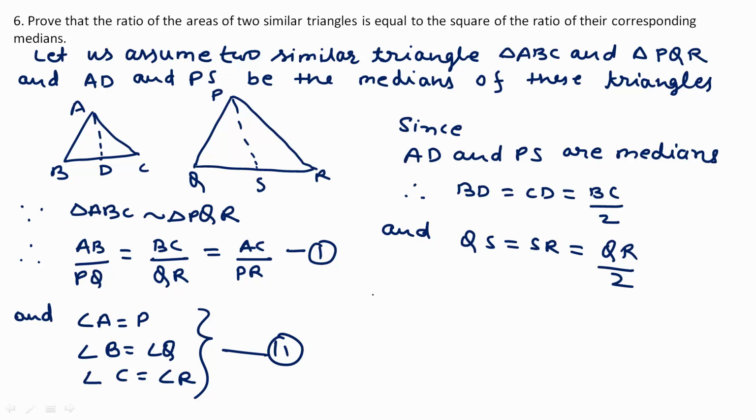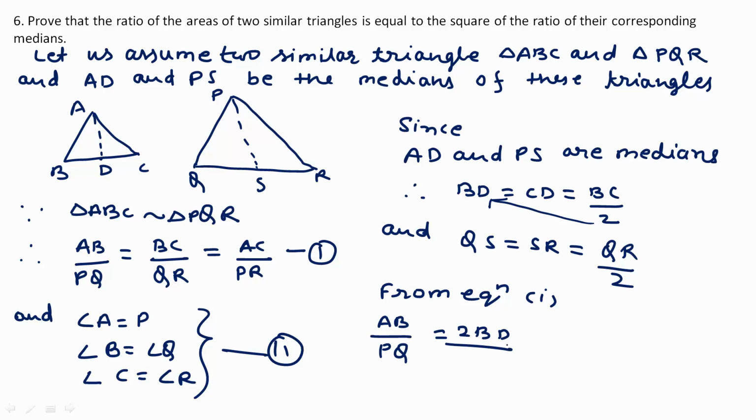From equation first, AB upon PQ is equal to, BC can be written as 2BD, and QR can be written as 2QS, is equal to AC upon PR.